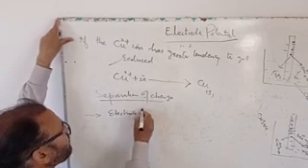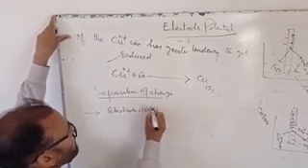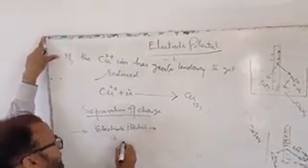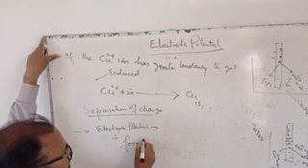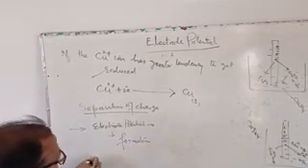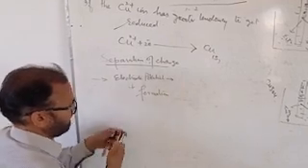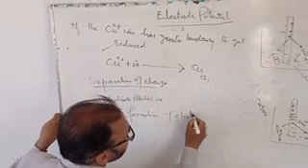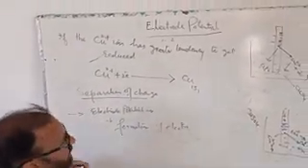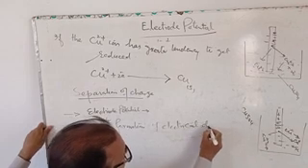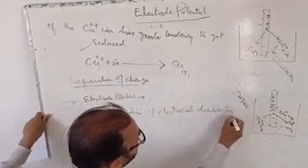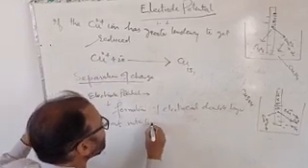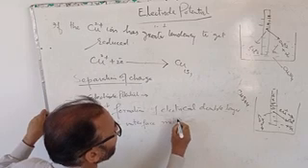Why does this charge develop? It is established because of formation of electrical double layer, formation of electrical double layer at the interface of metal and its solution.